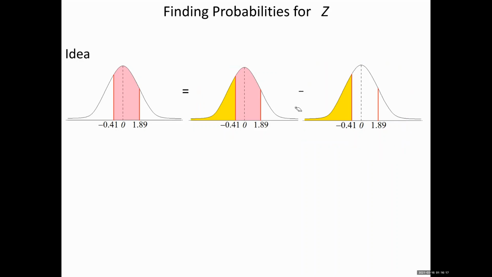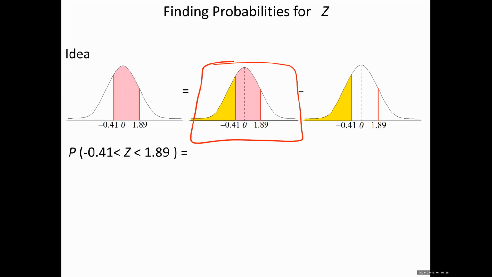Now what I want to do, like we did earlier today at the beginning of class, is write the notation for the areas that you see in the pictures. The notation for this area is probability Z between negative 0.41 and 1.89. So we'd write it like that. Someone tell me the notation for this middle area. When I say middle area, I mean the yellow and red area total.